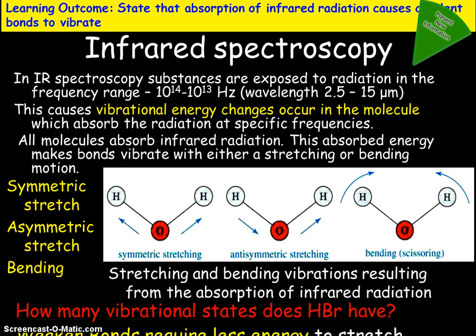A molecule like hydrogen bromide only has one vibrational state because it can only undergo stretching, and because it's only got two atoms in it, there is no difference in symmetry. And the rule is, the weaker the bond, the less energy required to stretch it.